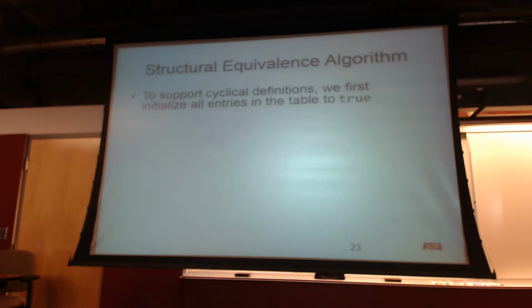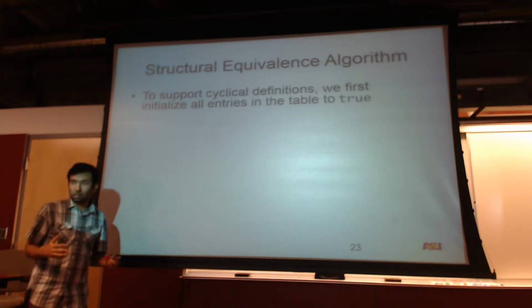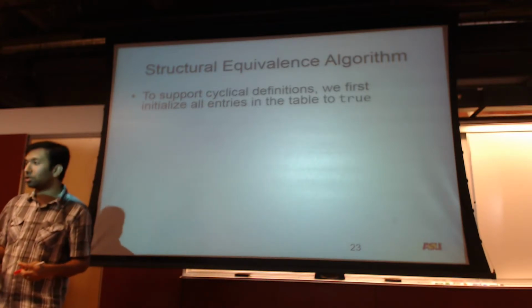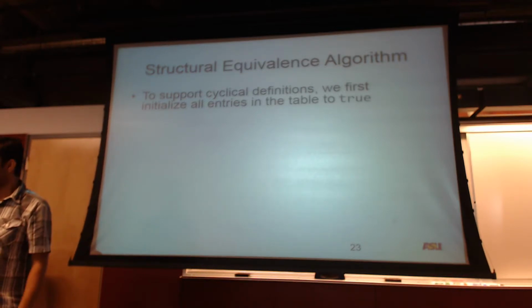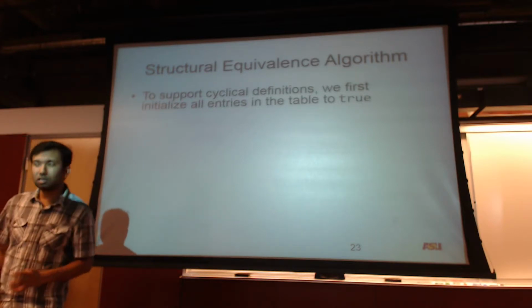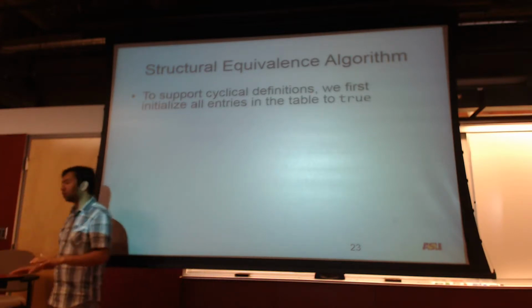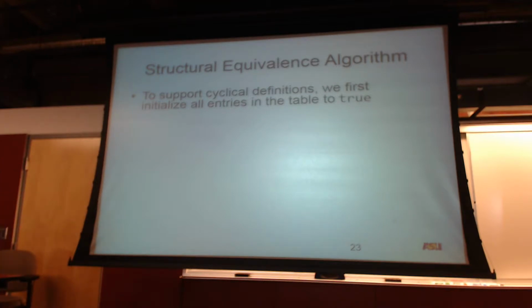To support the cyclical definitions that we have, we said that if there is no rule that contradicts, we'll assume that they are structurally equivalent. So in order to support that, what we first do is create the table and put all the entries to true. We assume that the types are structurally equivalent until we have proof otherwise.